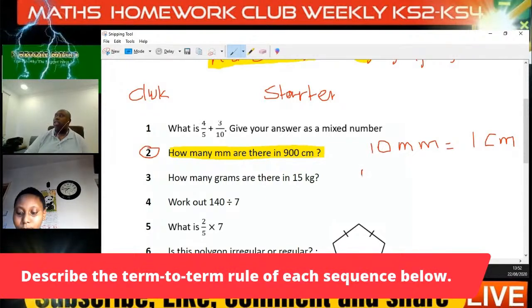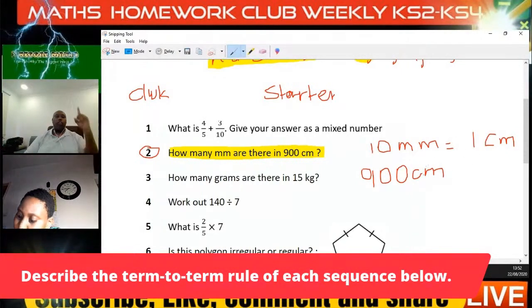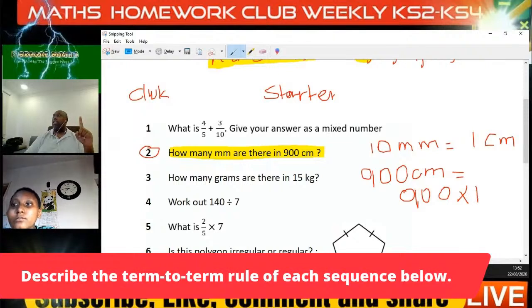We need to change 900 centimeters into millimeters. If one equals that, what we need to do is 900 centimeters times by 10.